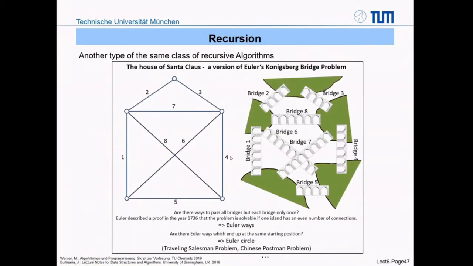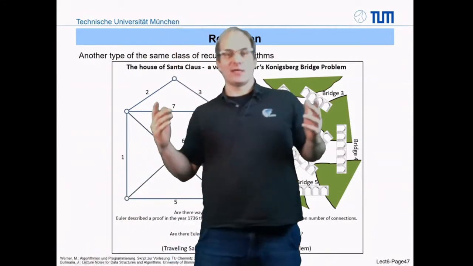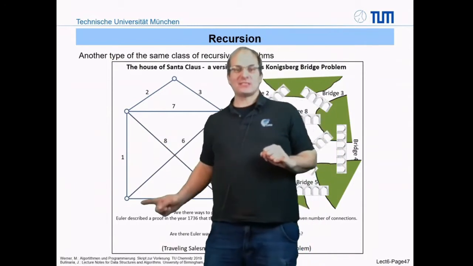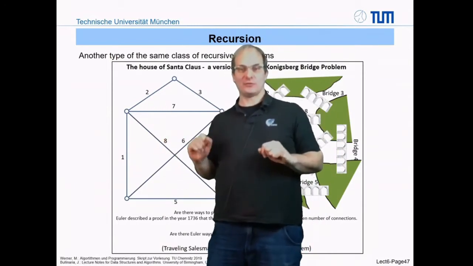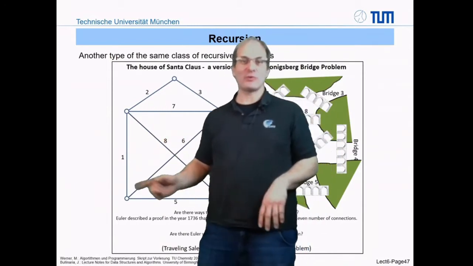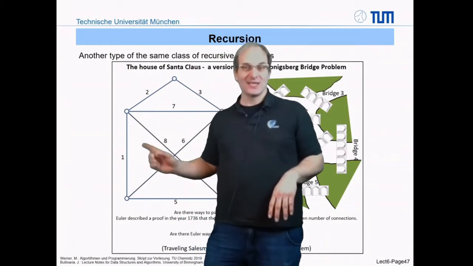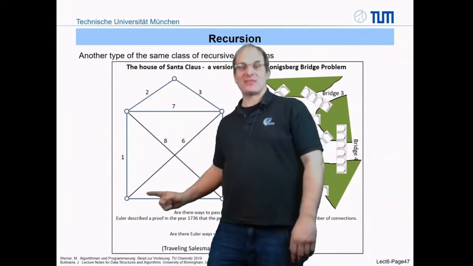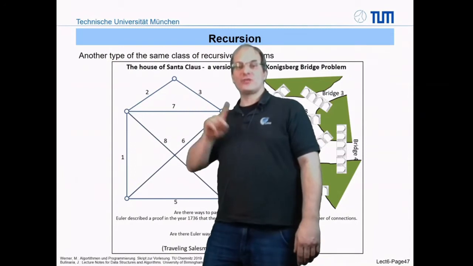You can use this method also for finding paths through a graph. And one very nice simple sample is this graph here, which is called the house of Santa Claus, because the children in Germany paint this on Christmas time, and they try to find a way through this graph.